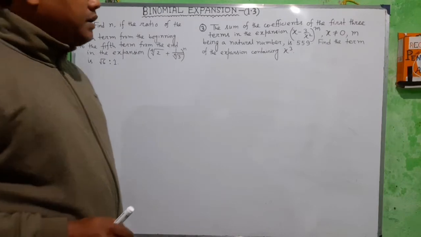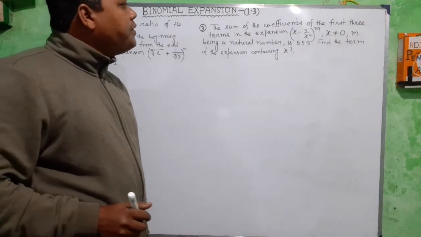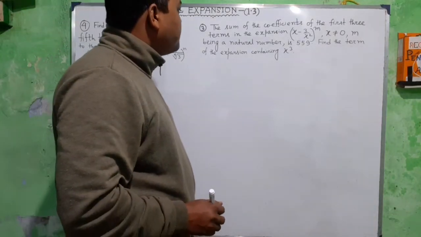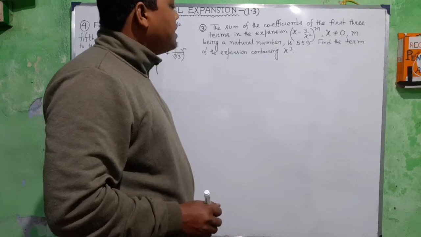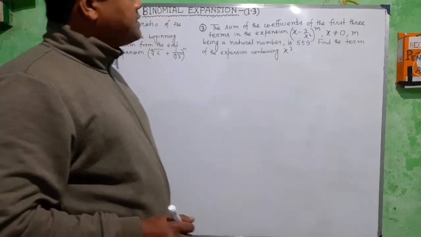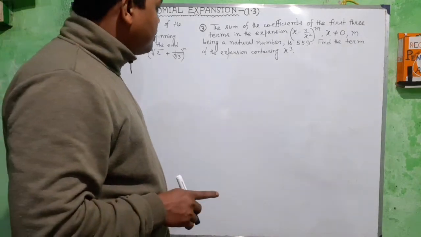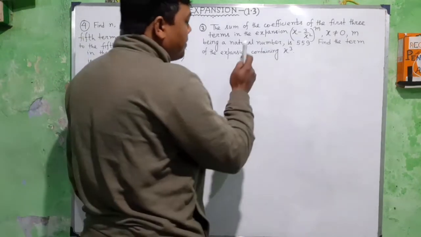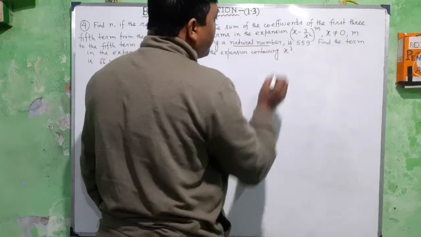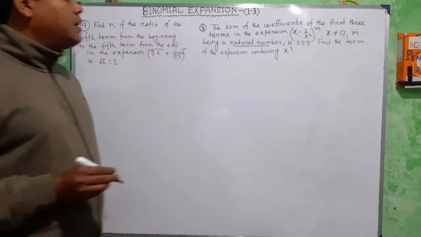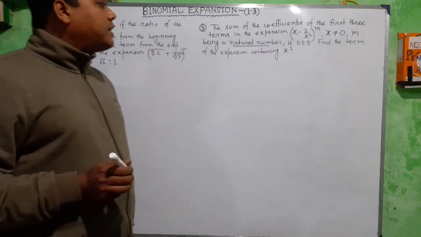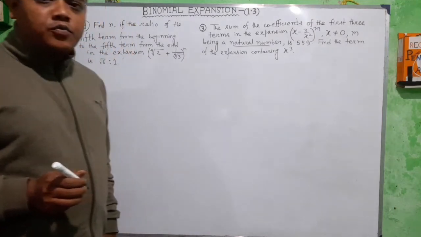Problem number 3. The sum of the coefficients of the first three terms in the expansion of (x minus 3 by x square) whole to the power m, where x is not equal to 0 and m is a natural number, is 559. Find the term of the expansion containing x cube.